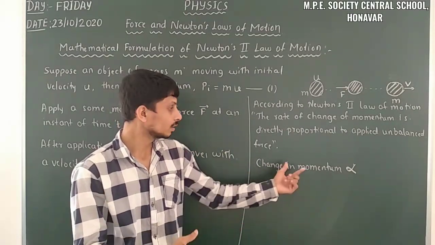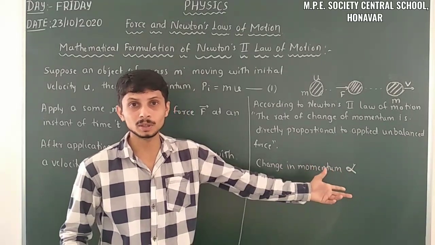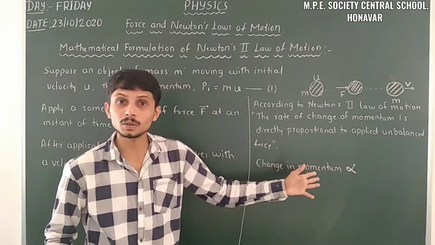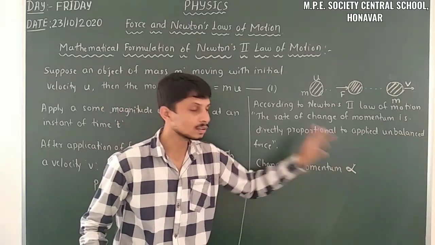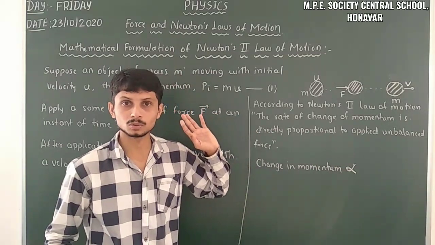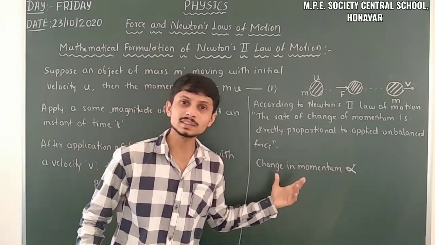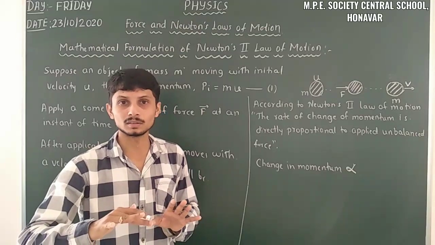After that, the LHS and RHS will be equal. When we don't know the multiple, we write directly proportional to. That means when the change in momentum increases, the LHS increases and the RHS also increases. Those two are directly proportional to each other.